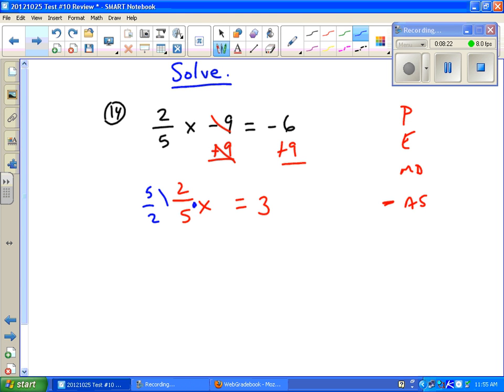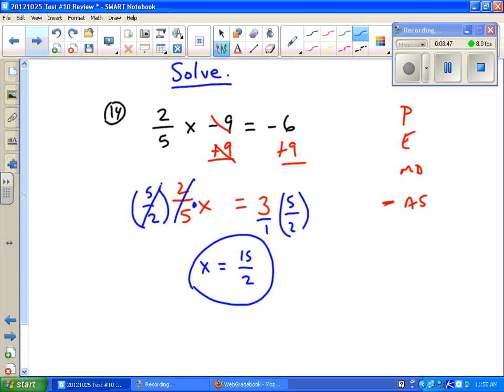So multiplying by 5/2 will cancel out that fraction 2/5 times x. But if you multiply the left by 5/2, you have to do the same thing to the right, multiply by 5/2. This fraction will cancel this one out and leave you with just x. Everything is over 1 and you multiply straight across. 3 times 5 is 15 and 1 times 2 is 2. So x is 15/2.